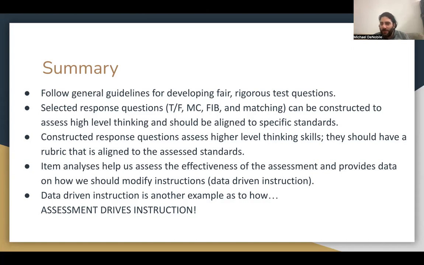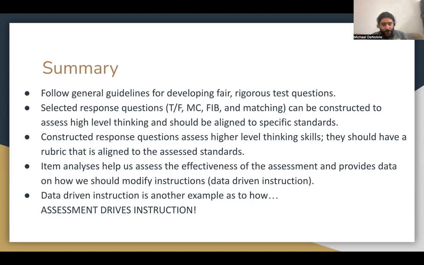You want to be able to have question stems and answer choices that are rigorous and assess high level thinking. And it's about how you write them. And if you don't know how to write a high level thinking question, the way that you do it is you study the state exam for your grade level or the next state exam that it will be given to your students, and you break apart how they wrote their selected response questions.